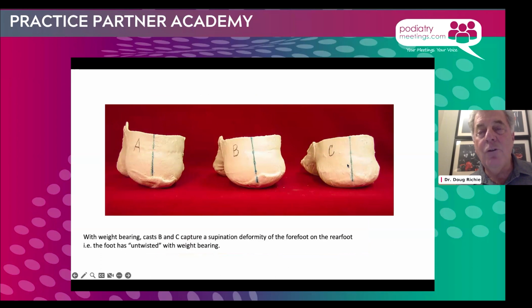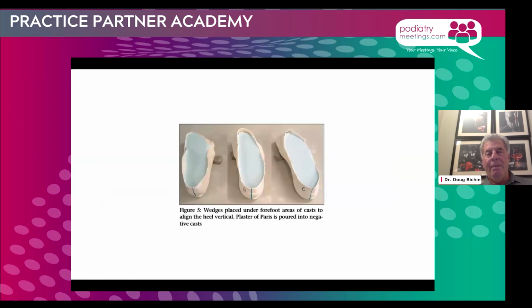When they bear full weight on the foot, interestingly, the twisting is less than when it's a partial weight bearing. But in either way, when the foot was placed on the ground, it untwisted, and we lost that stability pronation of the forefoot on the rear foot.